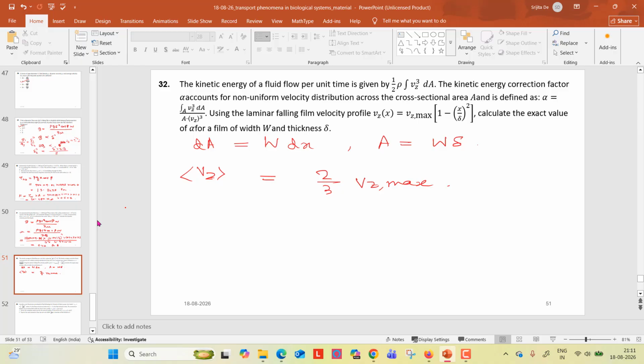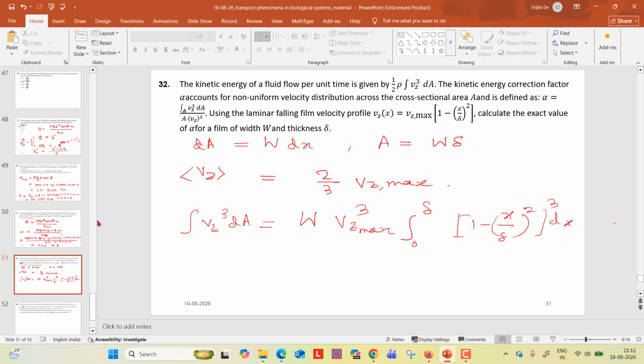Then integrating this Vz cube dA, it will be coming as W Vz max cube, integral from 0 to delta of 1 minus x by delta square, whole cube, dx, right? Now you have to just do the mathematics here.